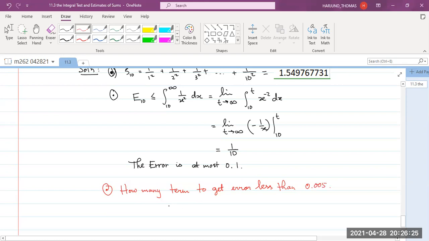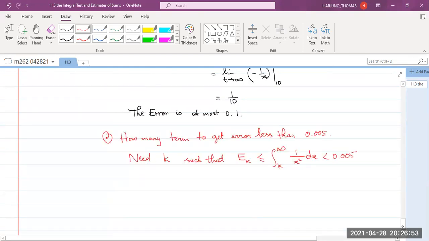So basically you need to find k such that this error here is less than or equal to the integral from k to infinity of 1 over x squared dx, and you set this less than 0.005. Okay, that pushes the error to be even less than the integral, which is less than 0.005.